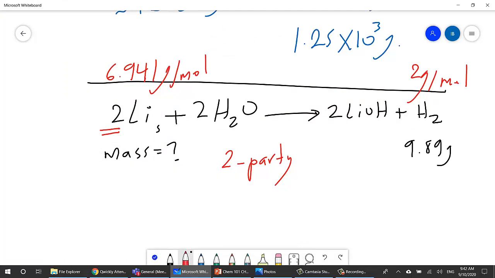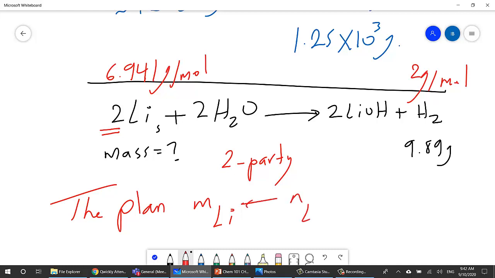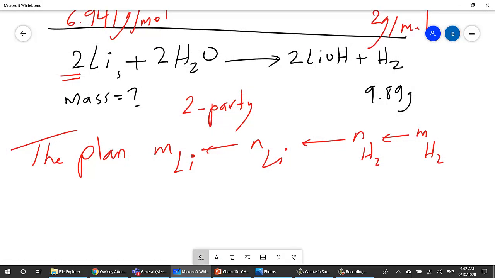Good. So now that's it. He needs the mass of lithium. The plan is he needs the mass of lithium. I can get that from the number of moles of lithium. There is no way but to get that from the number of moles of hydrogen. And I can use the mass of hydrogen to do that. Sounds like a plan, right? So let's do it.